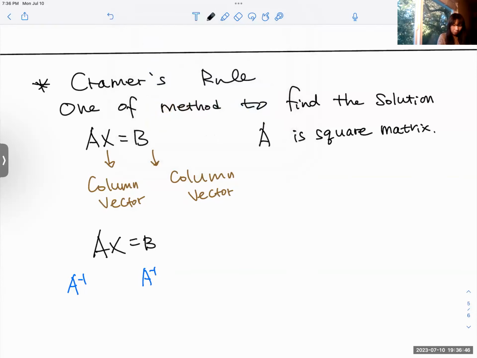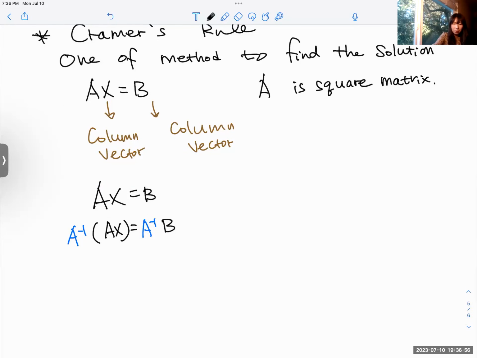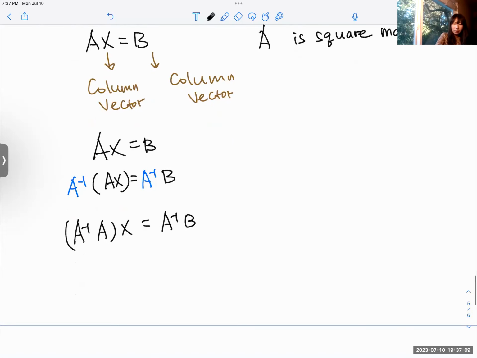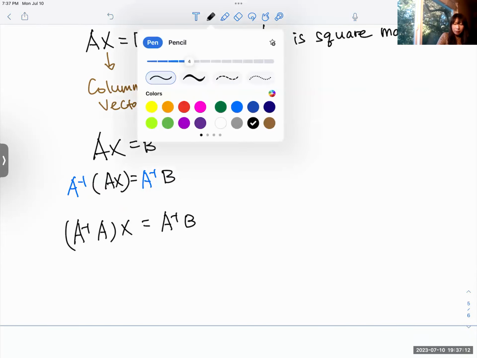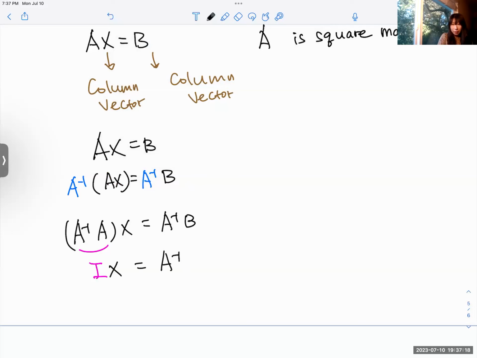We have AX equal to B. Then we can express this by associativity: A inverse A, X equals A inverse of A and B. Then we know that A inverse A is I, so IX equals inverse of A, B. Then the identity times X is X. So we have X equal to inverse of A, B. So that is the one.